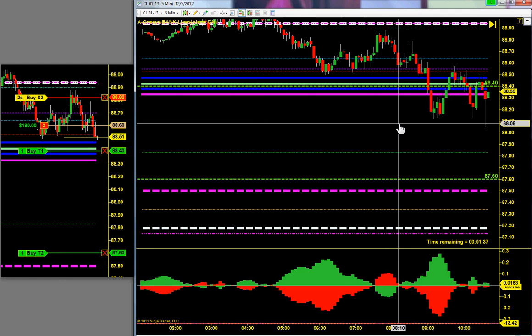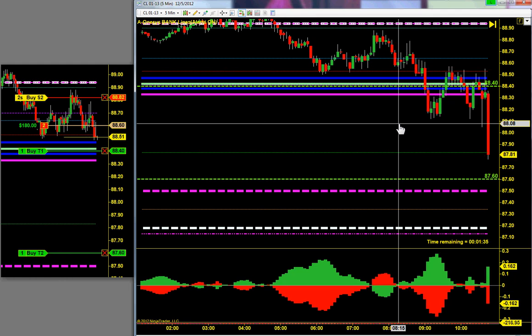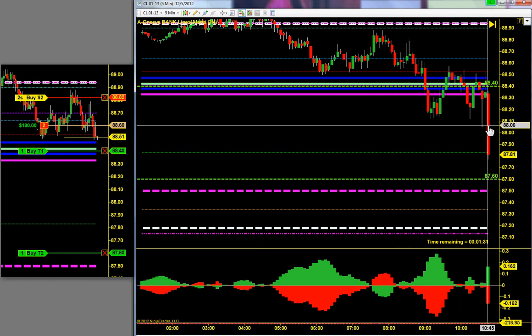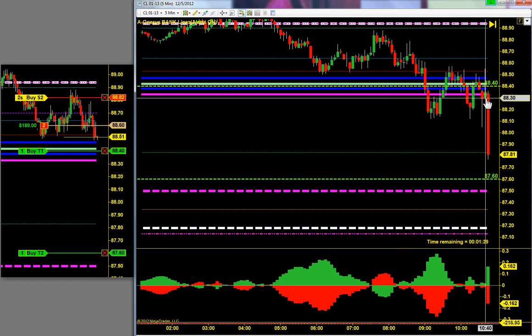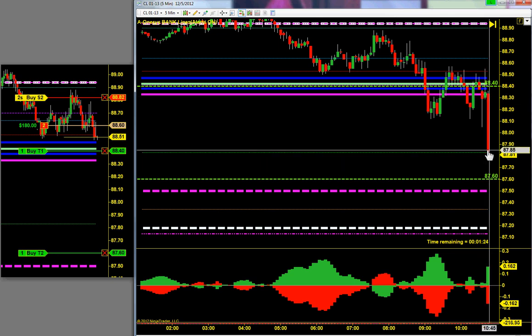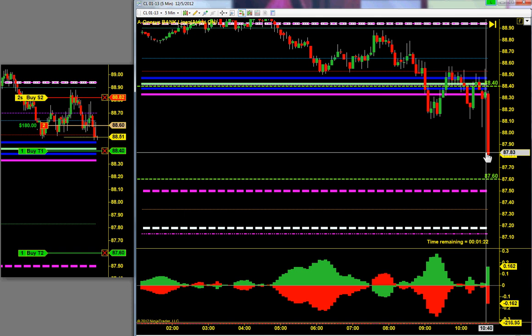And it's hit my target at 60. So what I did, I got 15 ticks here, 20 ticks here, and 100 ticks here.